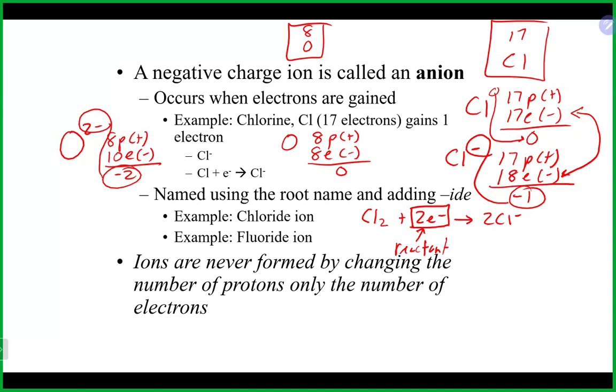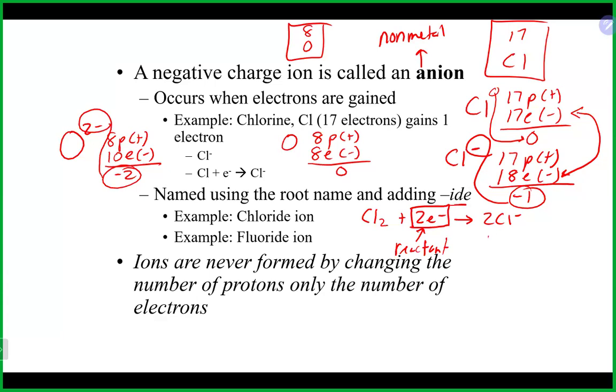When we name negatively charged ions, they are typically, by the way, nonmetals. So nonmetals are typically the ones that will form negatively charged ions. We do name it a little bit different. We take kind of the beginning part of the element name and we drop the last part of the name. Sometimes we drop a little bit more than the last part of the name, and we replace it with IDE.